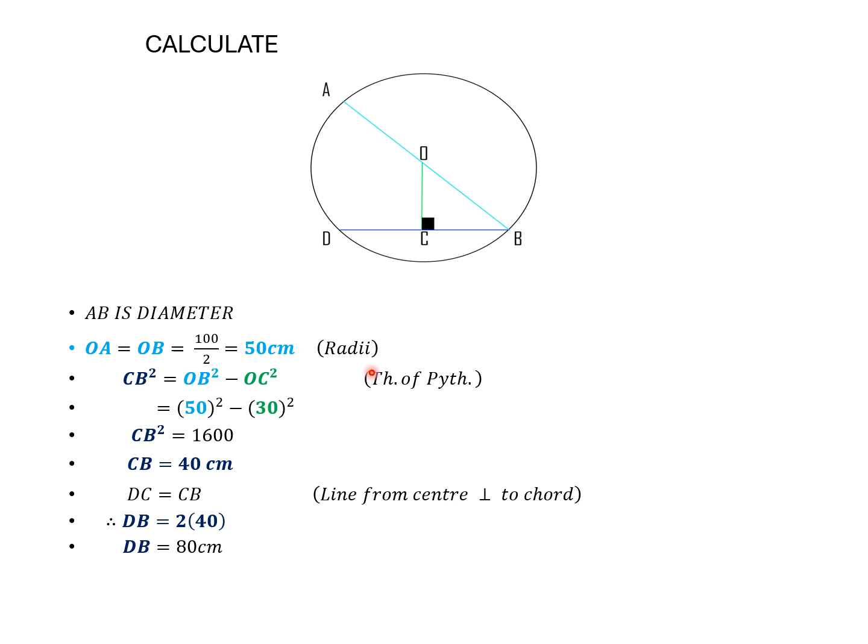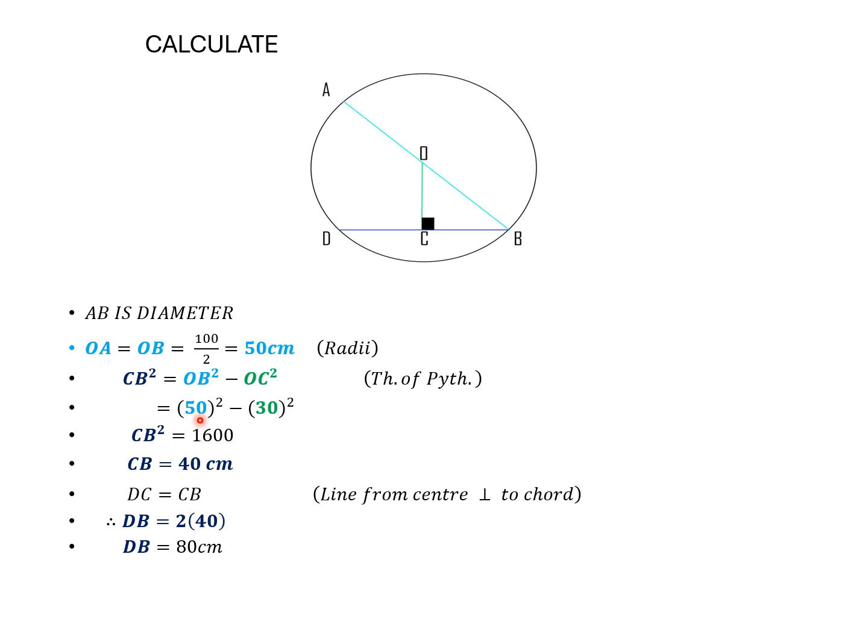They are radii. Right? Because I have a 90-degree angle, I can go straight and say find the length of CB. So CB squared, which is the shorter side, would equal my hypotenuse, which is always opposite my 90 degrees, OB squared minus OC squared. So we got OB as 50 squared and OC was given as 30 centimeters squared.